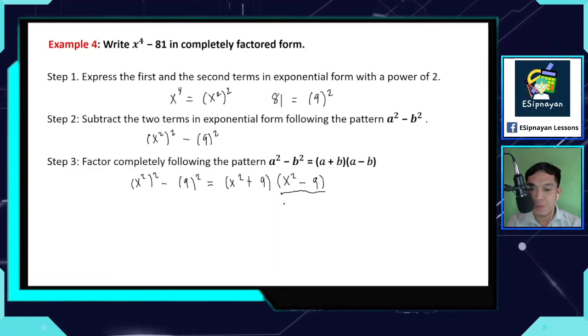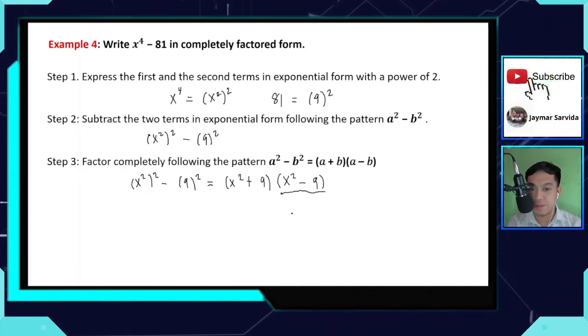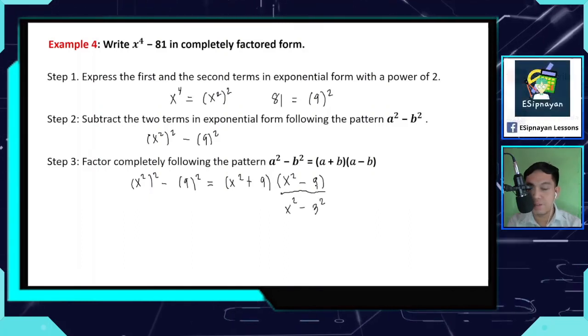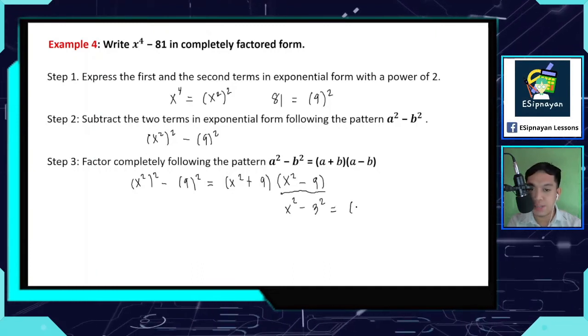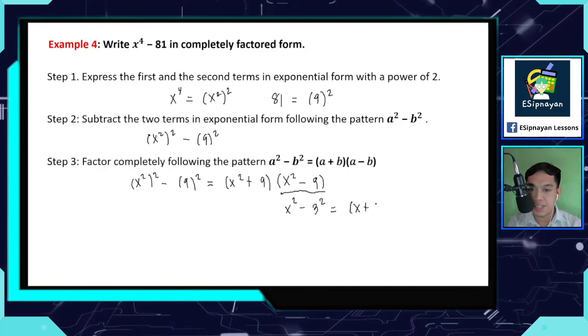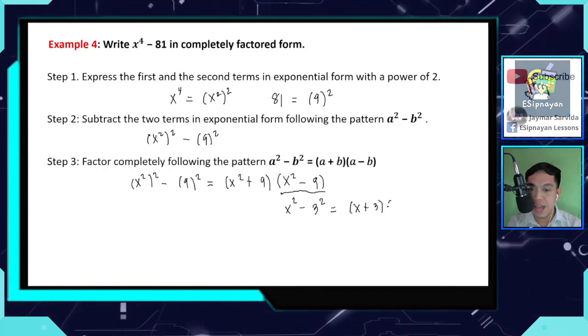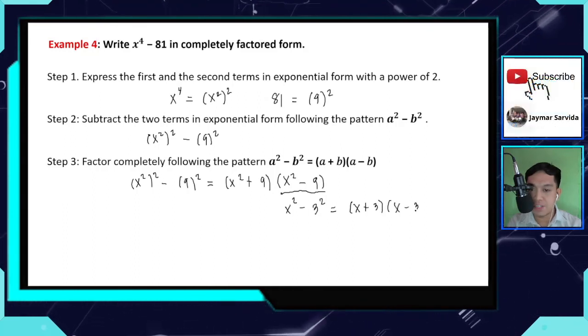Itong x squared minus 9 ay perfect 2 squares. So, yan ay magiging x squared minus 3 squared, kasi yung 9 natin ay 3 squared yan. So, that is equal to x plus 3 times x minus 3.